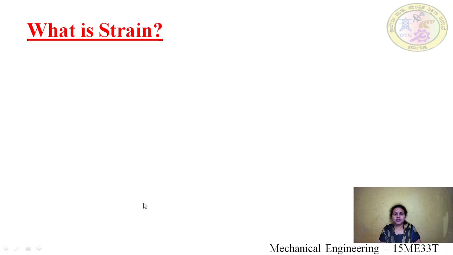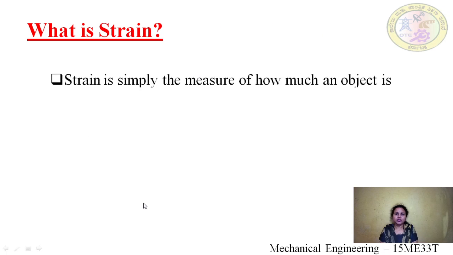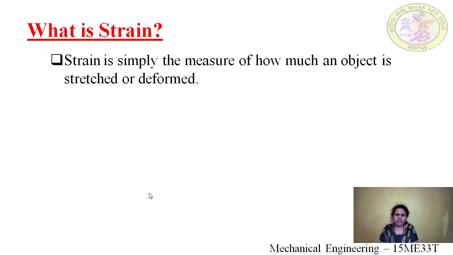Okay. Let's start with the word strain. Strain is simply a measure of how much an object is stretched or deformed. If you take any object, just think it is a measure of how much it is stretched or deformed.